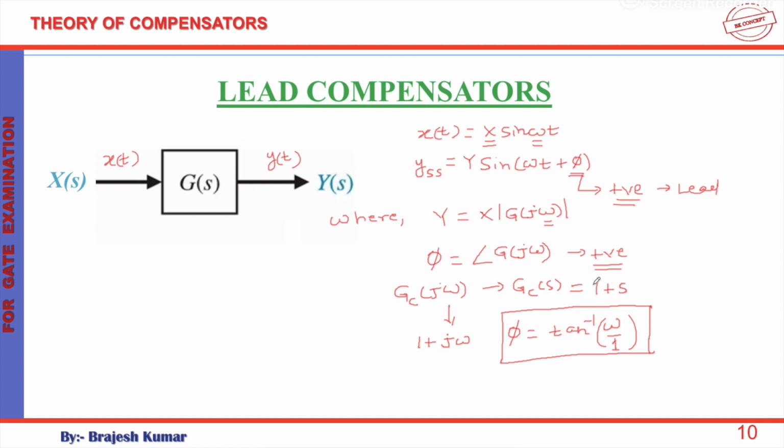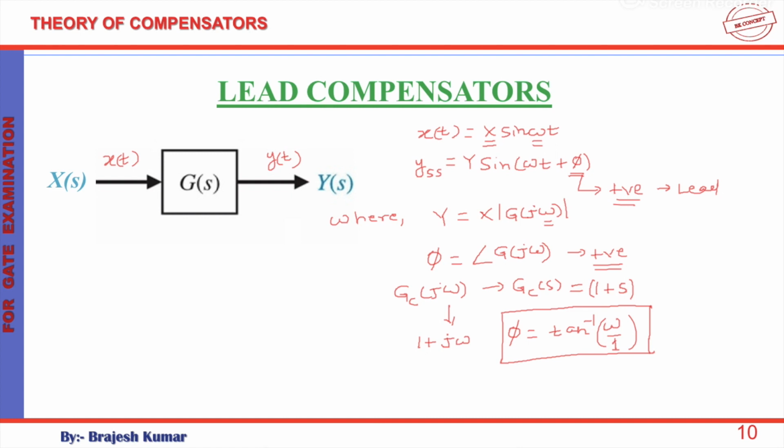So it seems that 1 plus s will provide us a simple phase lead, and if we have some component which will provide a transfer function of something like 1 plus s, then we say that we are having a phase lead compensator.